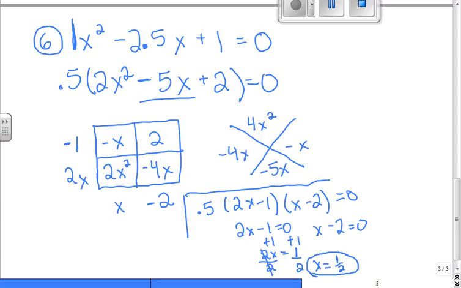Now over here, I'm going to add 2 to both sides to get x equals 2. So x could be positive 2 or x could be positive 1/2.